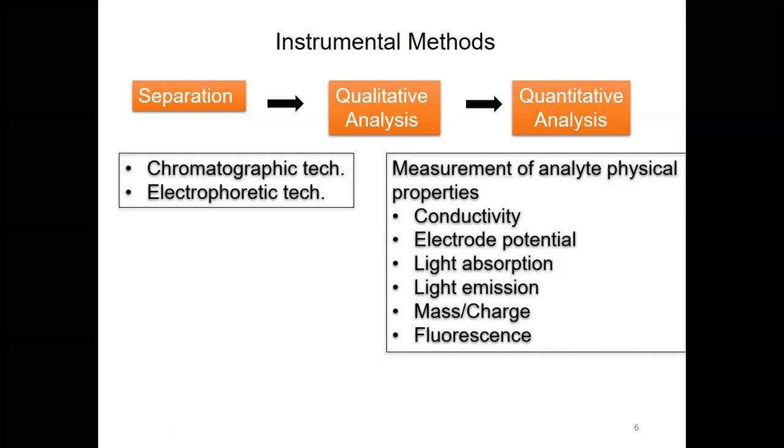When we use the instrumental methods, we either measure the conductivity or electrode potential, light absorption, light emission, mass to charge ratio, and fluorescence. Those are the physical properties we can measure while we are doing the instrumental methods.